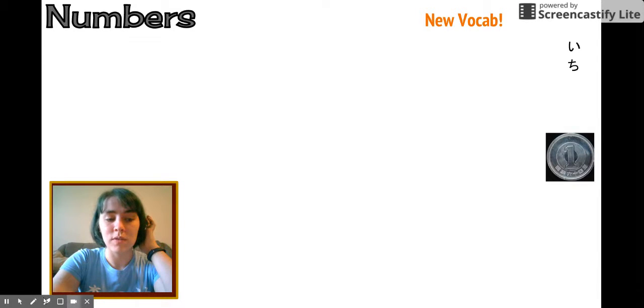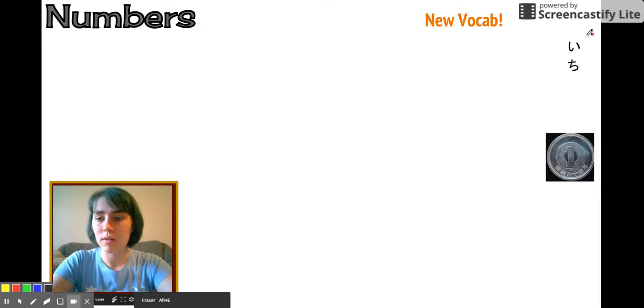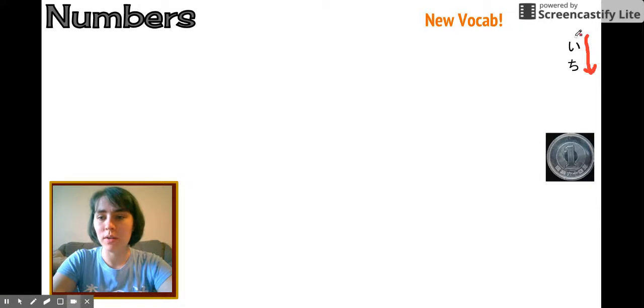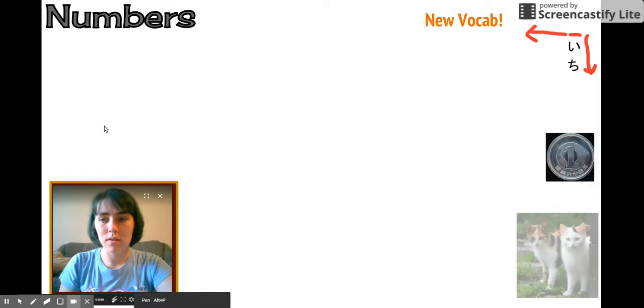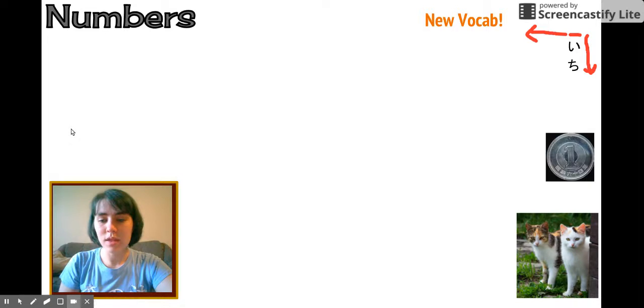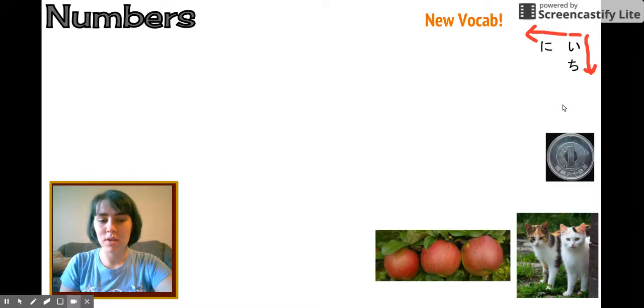These are arranged vertically, so when you have a vertical set of writing, you start at the top and go to the bottom, and then you'll proceed to the left to get the next thing. So 2 cats. Ni. See how the word moved to the left. 3 apples. San.